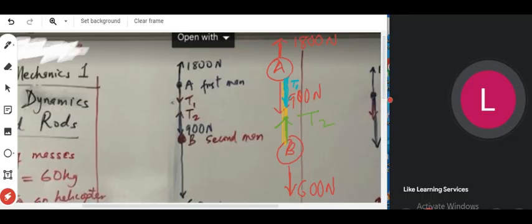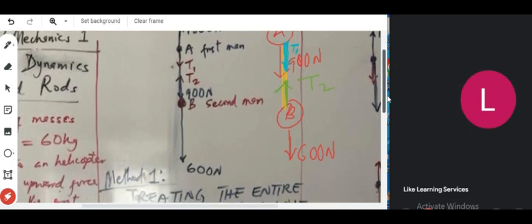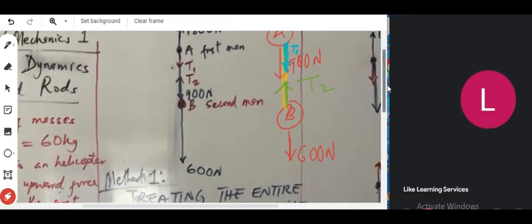We can apply the second law of motion: 1,800 Newton minus T1, which is going the opposite direction, minus 900, which is going the opposite direction, plus T2 going the same direction, minus 600. And that will give us the resultant force.